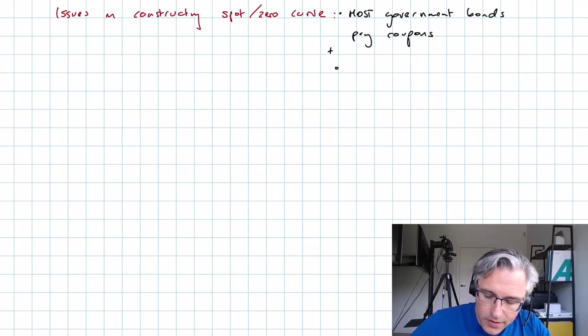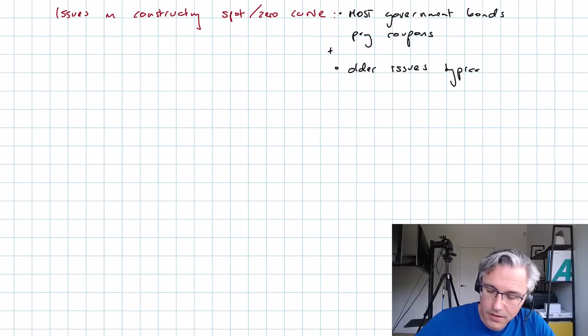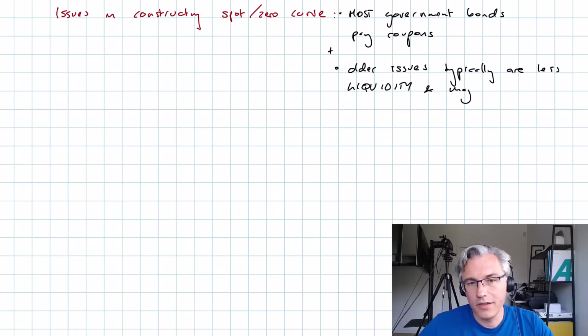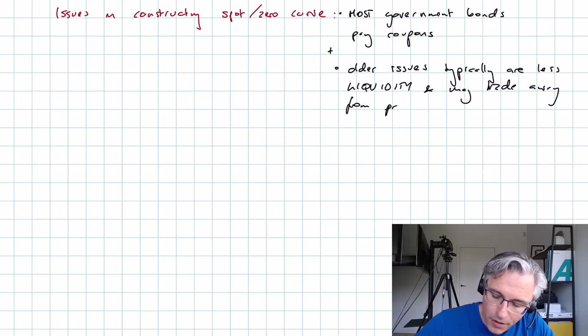And on top of that, all the older issues typically have lower liquidity, typically are less liquid than on-the-run securities, so the newly issued stuff. And as a result, well, not as a result, they may trade away from par value.